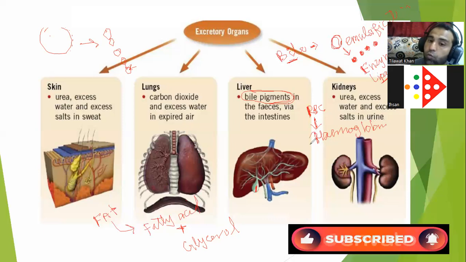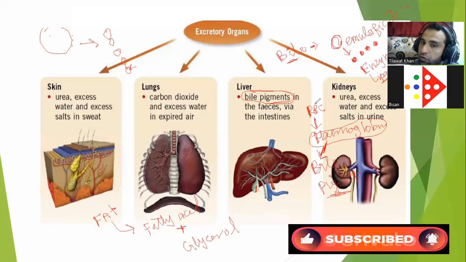Now, once the breakdown of this hemoglobin happens, bile pigment will form. What will form? Bile pigment. This bile pigment needs to be removed from your body.